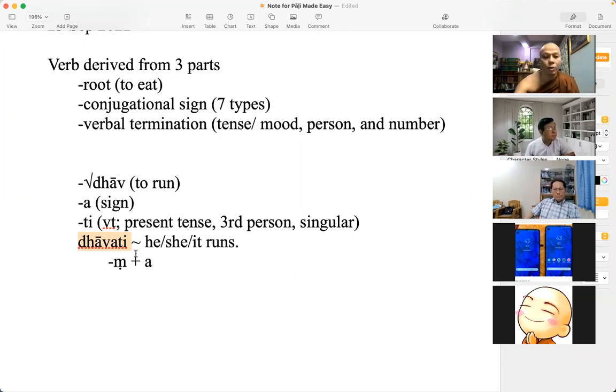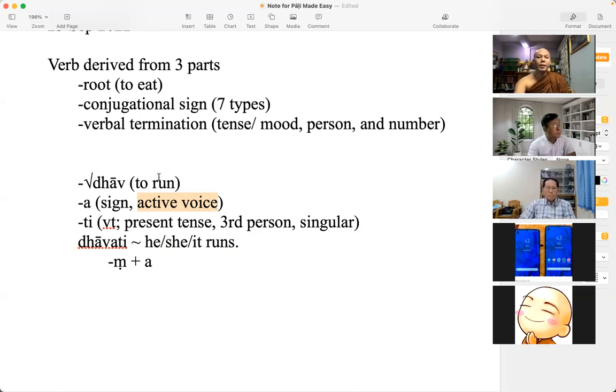But the other way also, maybe in the traditional grammar, that conjugation sign is used in the active verbs. That is why in translation also, he, she, it runs, not passive. Only that sense we find.